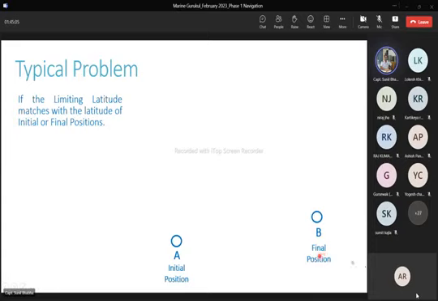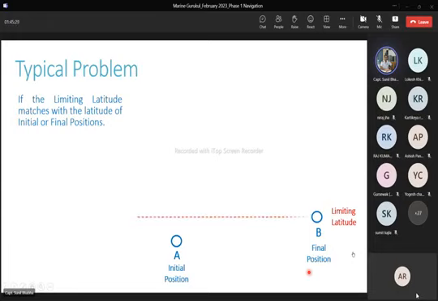And this is our destination or final position. Let's now complete the plot. Let's put in the pole also and try to make the composite sailing diagram. Now in these problems, the limiting latitude matches with the latitude of one of the ports.